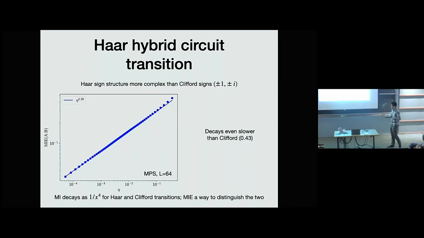Let me just point out that the mutual information is unable to distinguish the two transitions. It decays with the same power for both Haar and Clifford phase transitions. But here the MIE provides a way to distinguish the two classes, and there's the intuition of sign structure behind it.